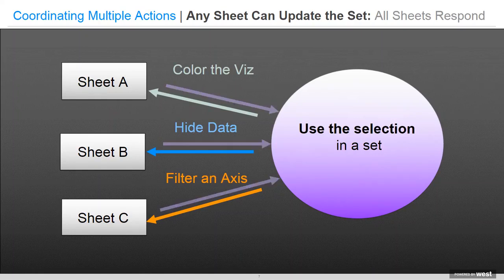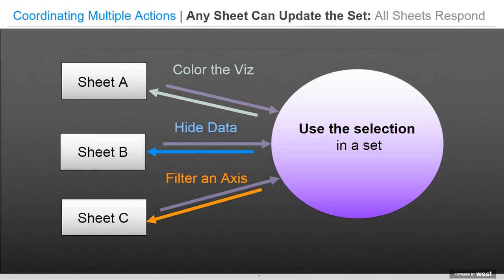In another sheet, I might use the set to hide some data. And in a third sheet, I might use that set to filter an axis. The key thing here is that any of the worksheets in the dashboard can update the members of the set, and all of the worksheets in the dashboard that make use of the set will react and respond in the way that they have been defined to do so by myself as the Tableau author.